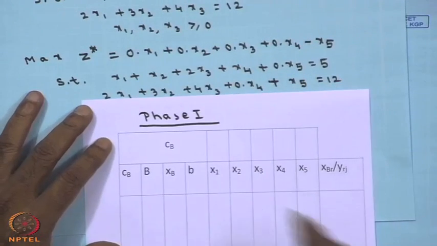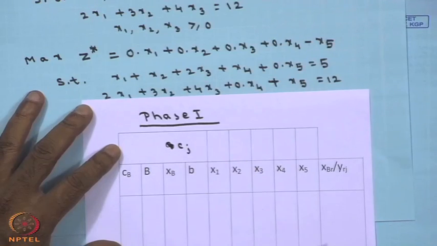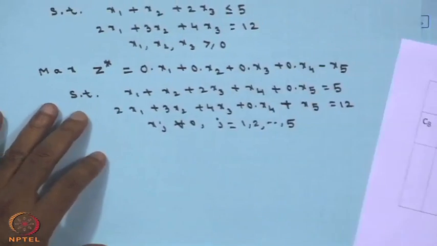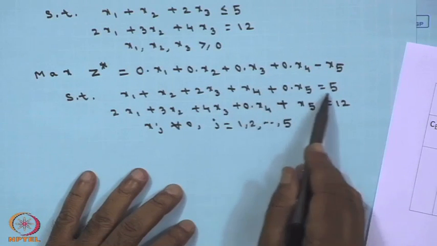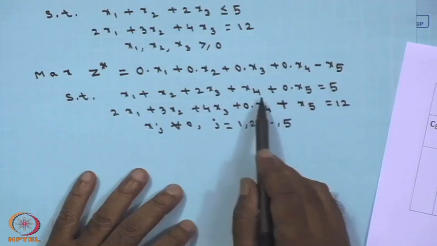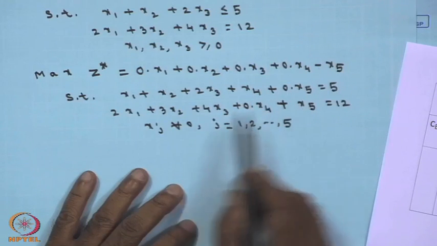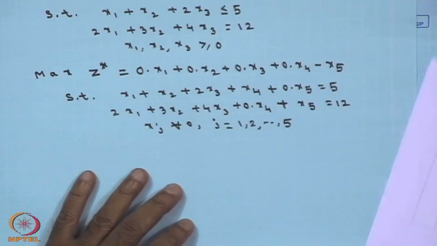The other things are similar to what we have done earlier, this is C j. So, in this particular problem, what happens? Your basis is x 4 equals 5 and x 5 equals 12. These are the basic variables x 4 and x 5, and all other variables x 1, x 2 and x 3 are 0.